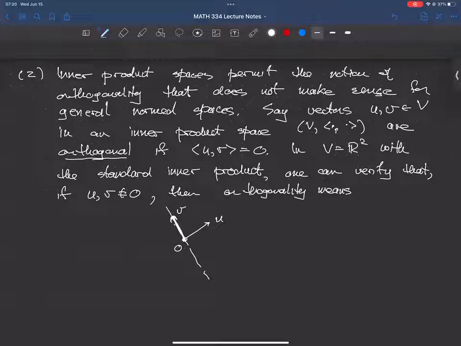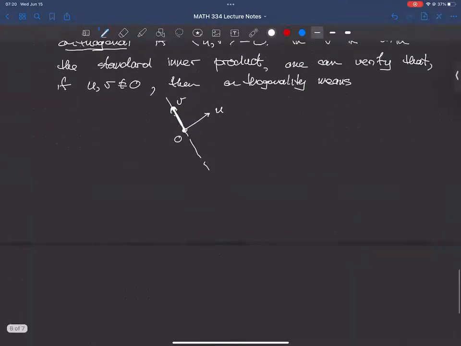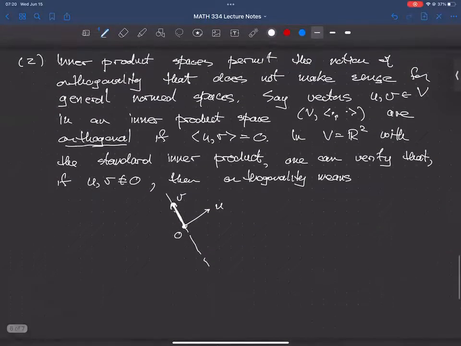So we're going to talk quite a little bit about orthogonality. Okay, but let's maybe just for fun think about a question which is kind of related to this notion of orthogonality.